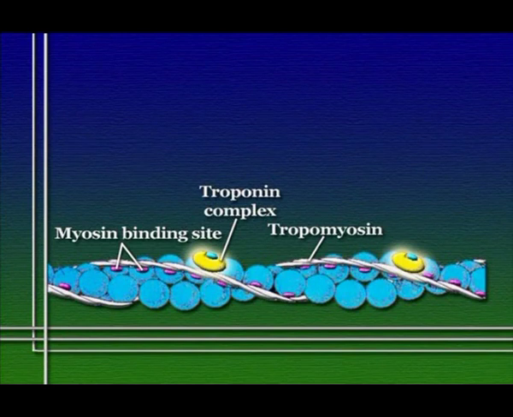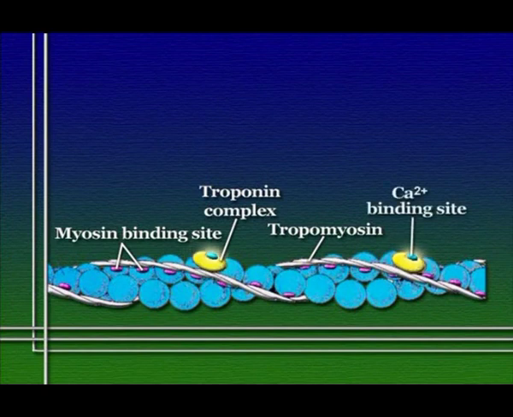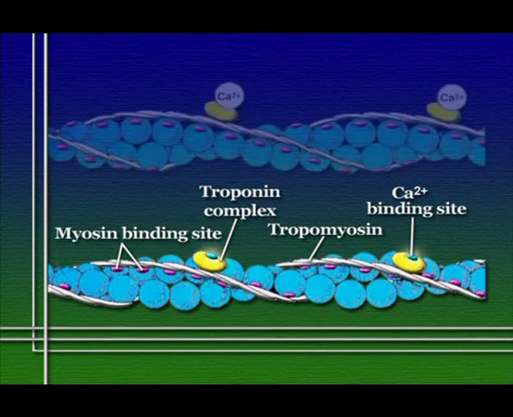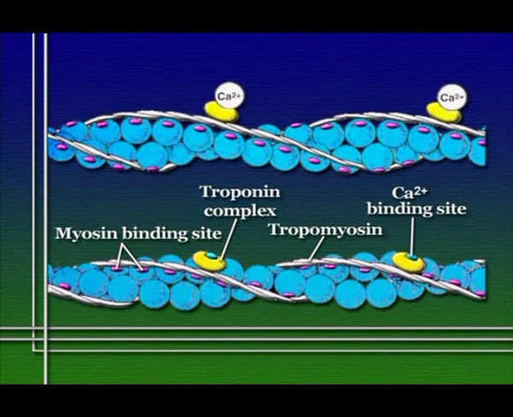The troponin complex is able to bind calcium. Once again, we see calcium playing an important role here. If the troponin complex binds a calcium ion, that binding of calcium causes the troponin complex to change its shape, as we've seen many times before.